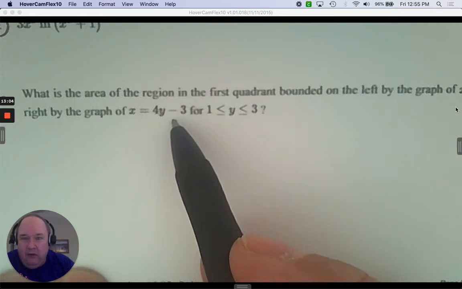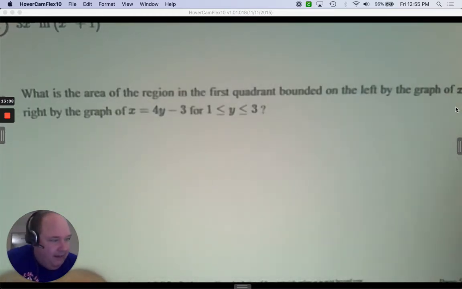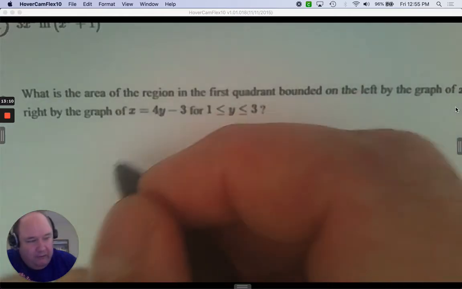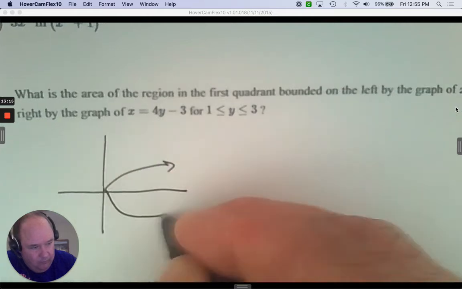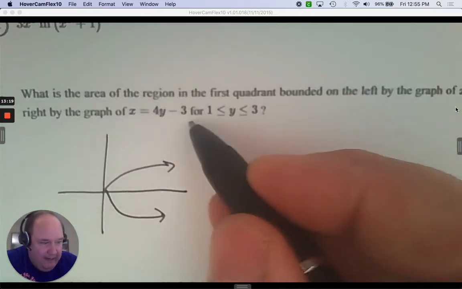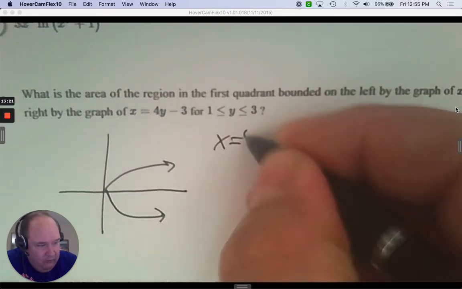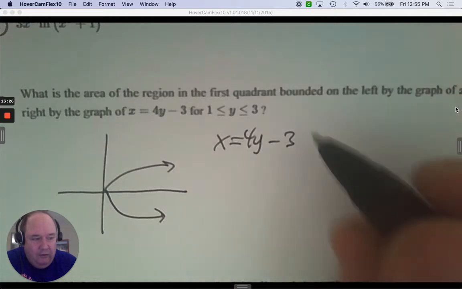Number 9. What is the area of the region in the first quadrant bounded by x equals y squared? It's in the first quadrant. In the graph, x equals 4y take away 3. So don't be discouraged.